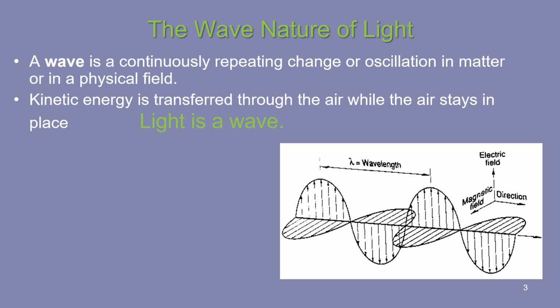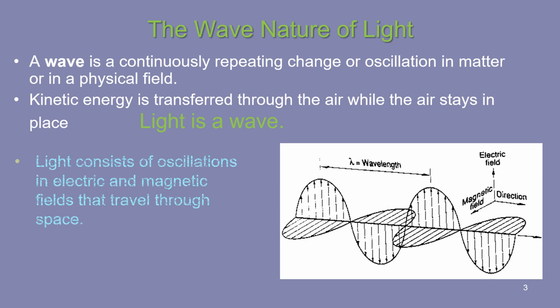The matter is actually just moving up and down. Kinetic energy is transferred through air while the air stays in place. So the energy is going up and down, up and down, even if it's staying in place. So light acts like a wave. Like I said, it has waves both in the electric field and the magnetic field.